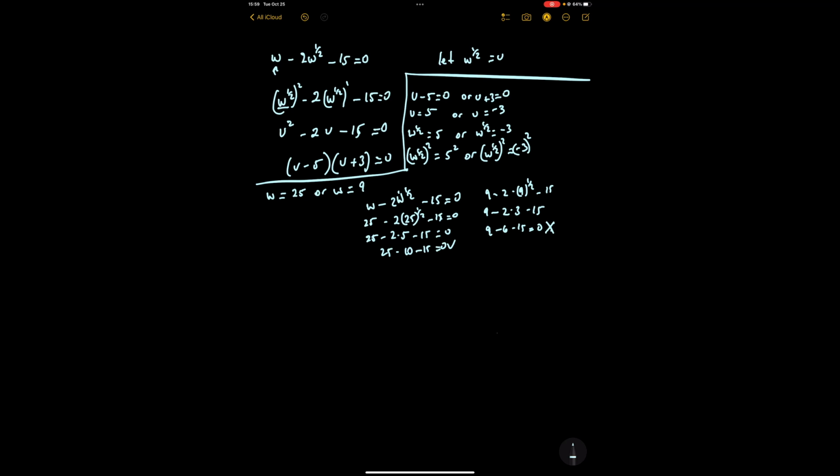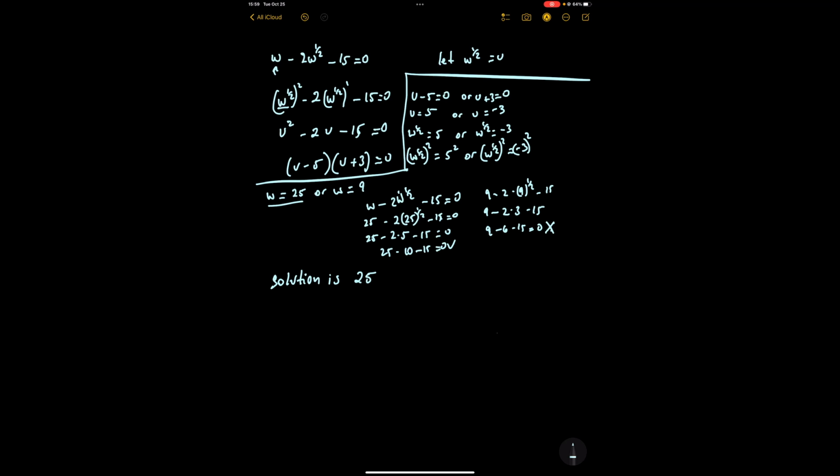And so what do we have here? Well, that means in this case 9 is not a solution, but the solution is 25.